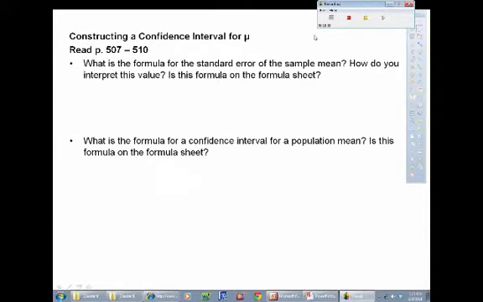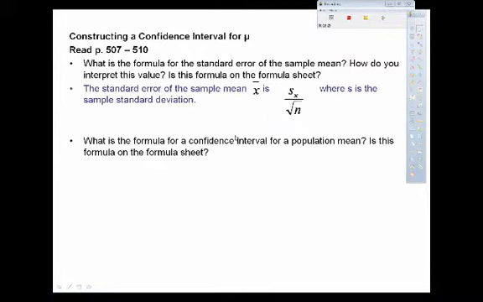What is the formula for the standard error of the sample mean? How do we interpret this value? And is this formula on the formula sheet? All right. Well, the standard error of the sample mean x bar is s sub x over the square root of n, where s is the sample standard deviation.